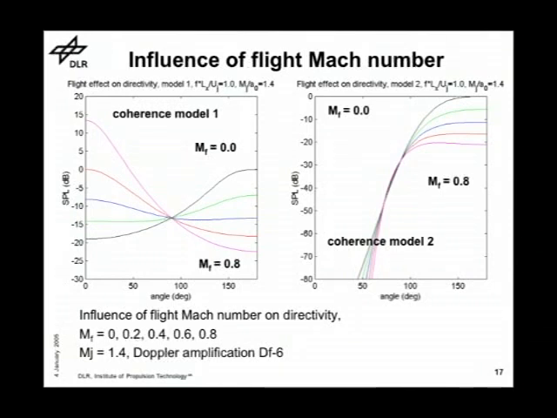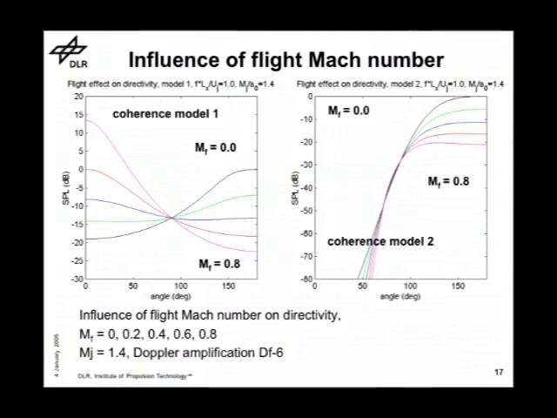So in this case, if this coherence model would be right, then we would have very high radiation forward. So in the aft cabin, if you measure outside, you would measure what is coming from the jet way behind the aircraft. So that would be an explanation why we have such loud jet noise in the rear cabin.